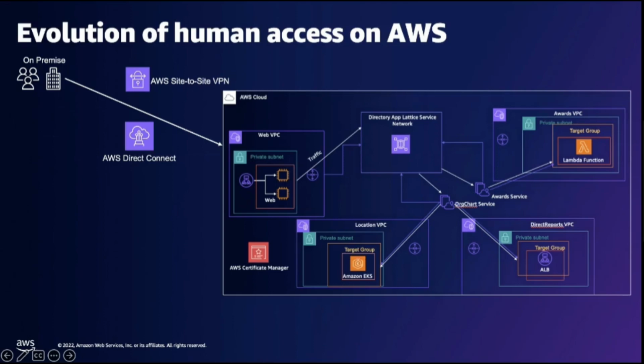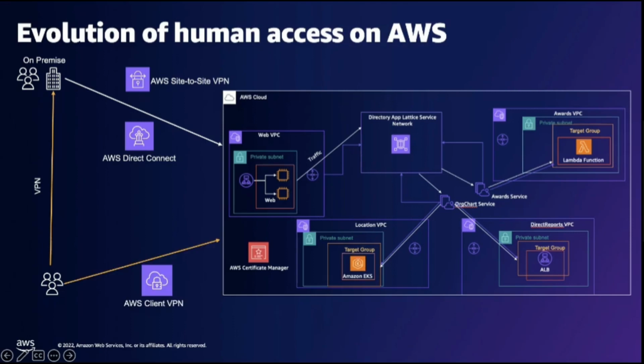Now, we live in an age where people can work remotely. So you're working from home, but you need access to this application. How does that look? You would have to VPN into your on-premise VPN service, and from there, using the VPN client on your machine, you are able to connect to the AWS employee directory app.